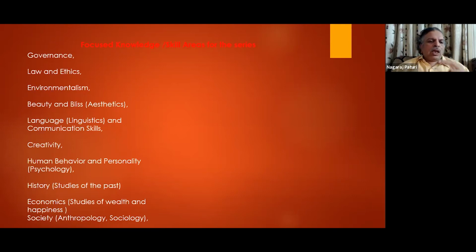And once that is established, we can take it into any other aspect of environmental studies that is happening in the university system, both in the professional courses and the academic courses.